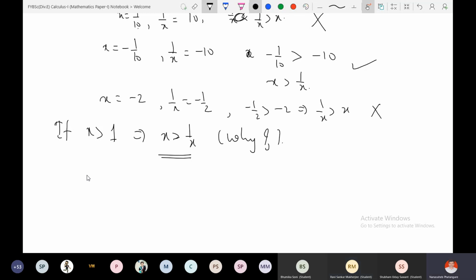Like x into 1 by x equals 1, and now x is greater than 1. So 1 by x has to be less than 1. No, why? From this it is not clear, right?